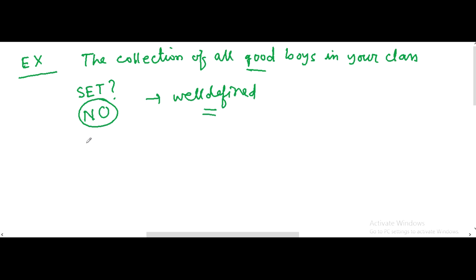But if I ask about the collection of all boys of your class who have got full marks in mathematics in the last class test, then this collection must be a well defined collection and this will form a set.